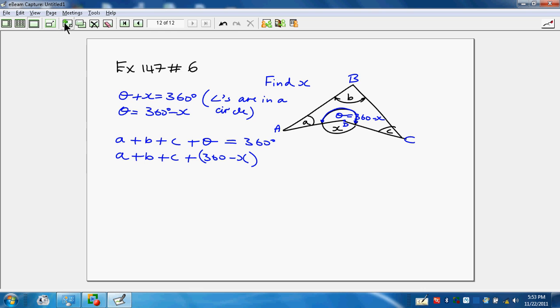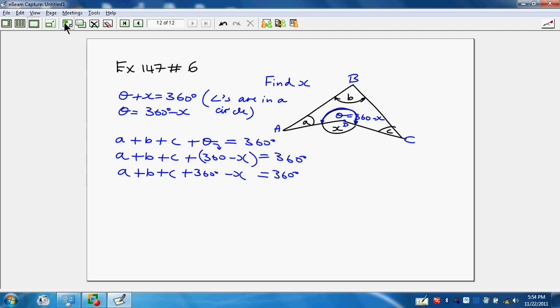We make that substitution, and that will be equal to 360 degrees. If we open up the brackets, because it's a plus sign, it has no effect, so it'll just be plus 360 degrees minus x equal to 360 degrees.